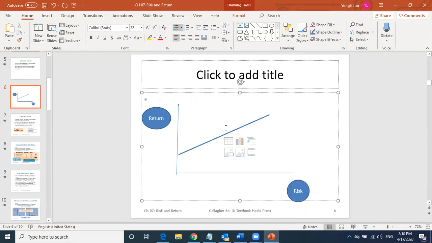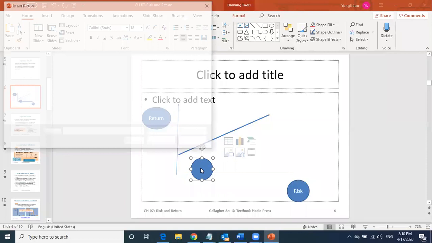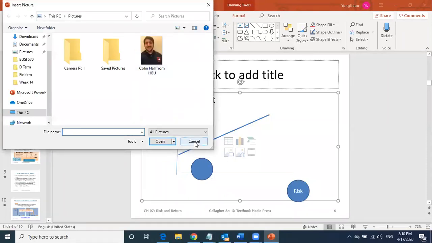Based on the risk and return, we can classify our financial assets in different categories. For example, you have money saved in your account.